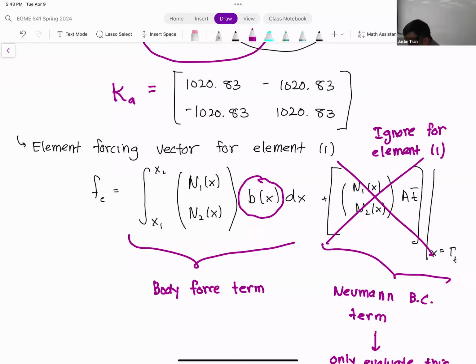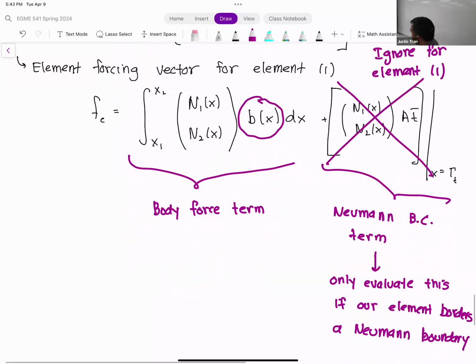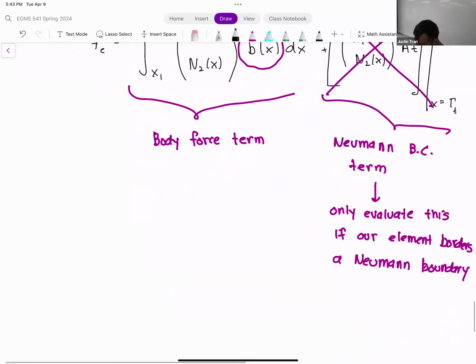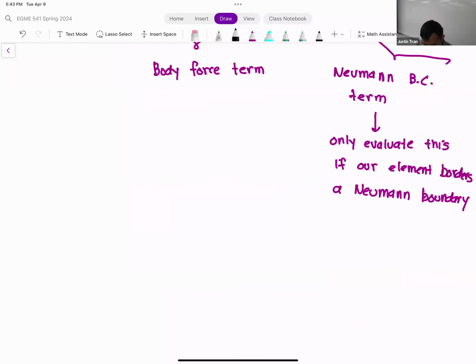The only term that we're going to be evaluating here is this first term. Let's go ahead and plug in. Let's remind ourselves what gets plugged into each of these terms.